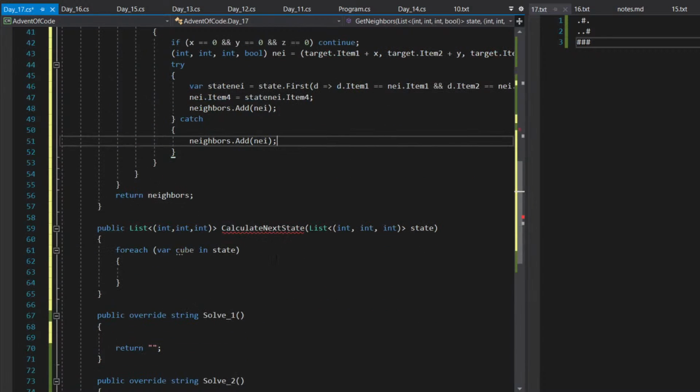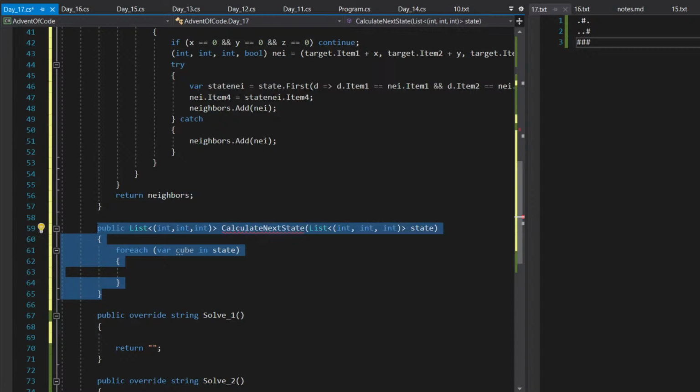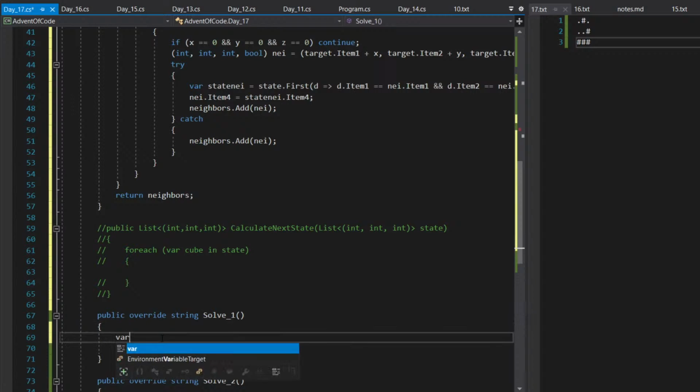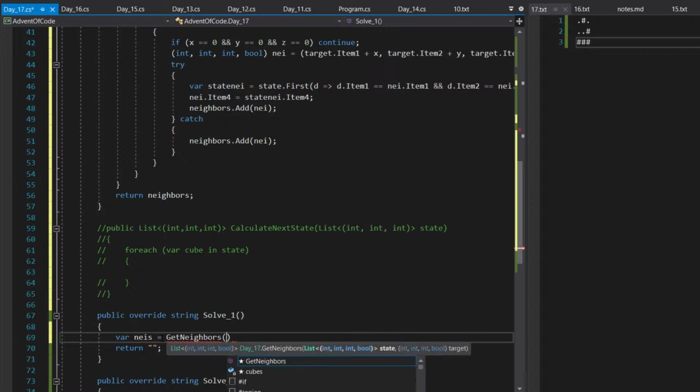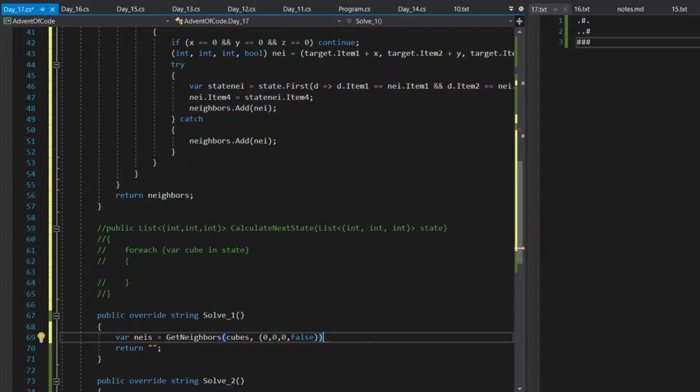Let's see. Let's test this out real quick. Let's get position all zeros.